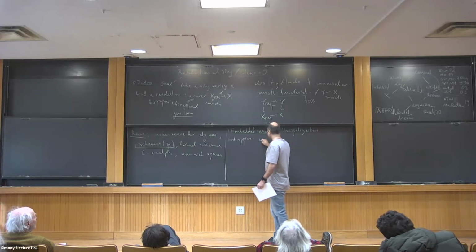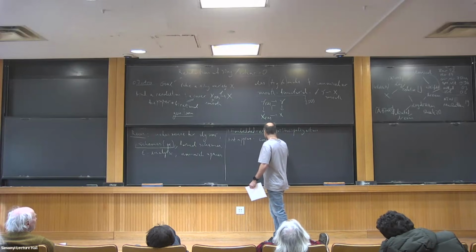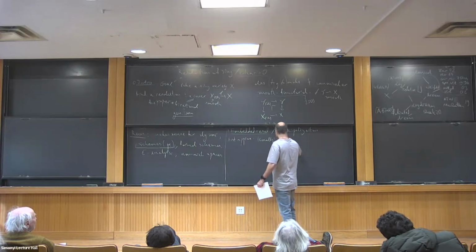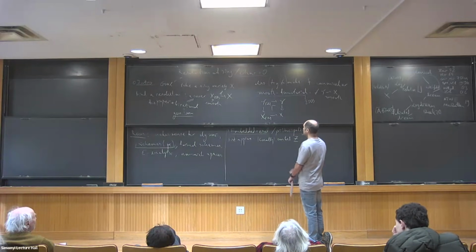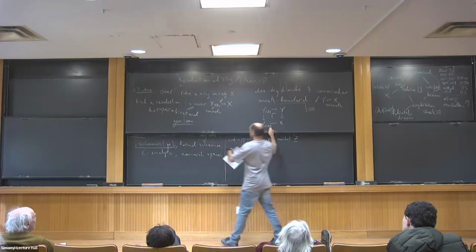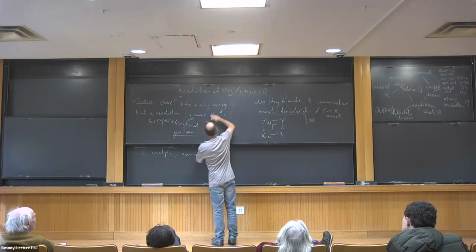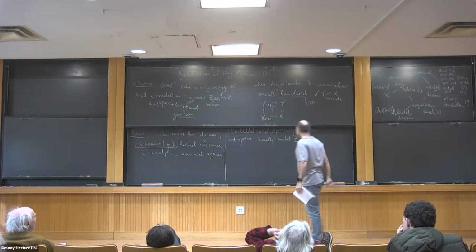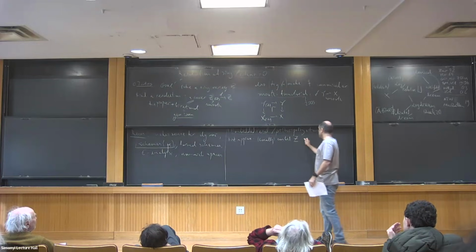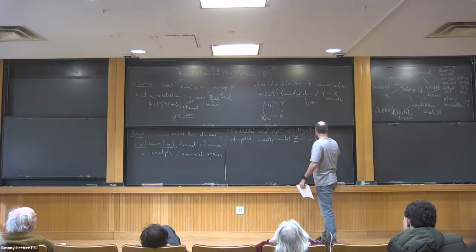Let's embed locally the Z you're working with. Let me write here Z from now on. Okay. The singular guy will be Z, embedded into a smooth one.